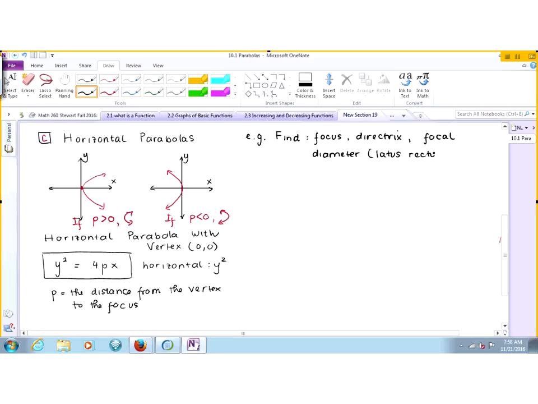You have to be familiar with both. Latus rectum. Some books just call it latus rectum and some books call it the focal diameter of the parabola. And then we will sketch.